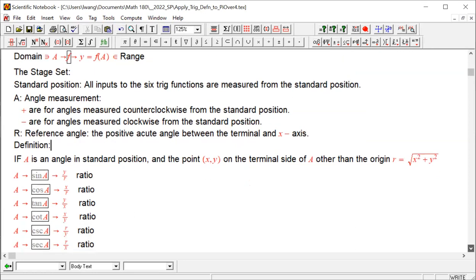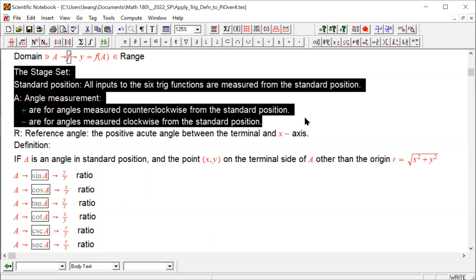And keep in mind our definition: A is an angle in standard position and the point x, y is on the terminal side of the angle other than the origin, and r is the square root of x squared plus y squared. All 6 functions, their inputs are angles. The angles are measured in the set manner.